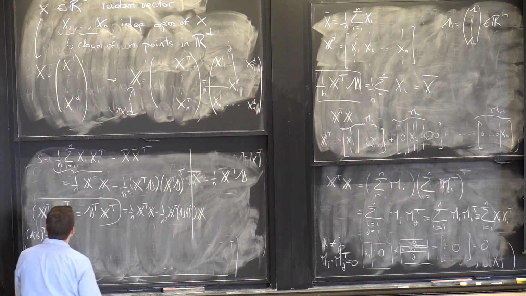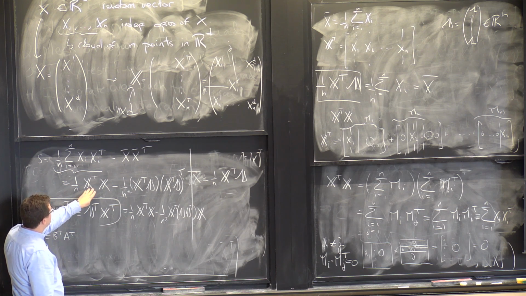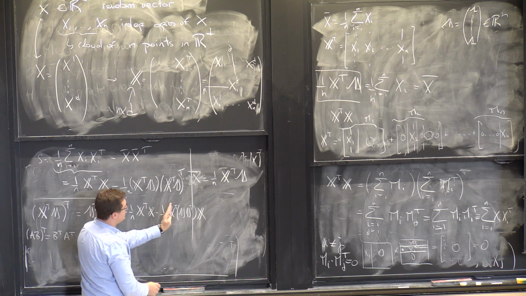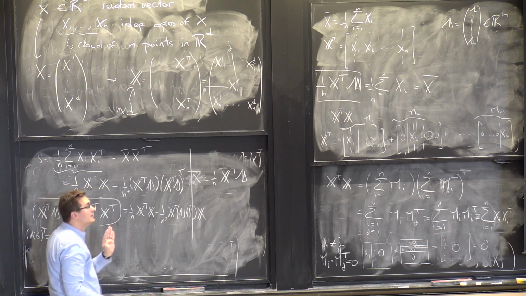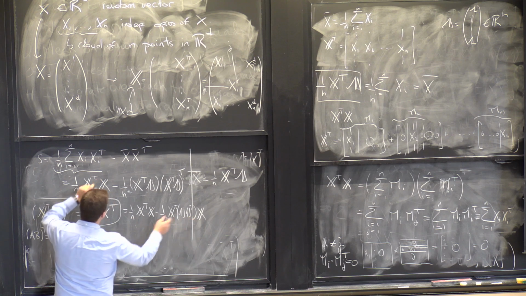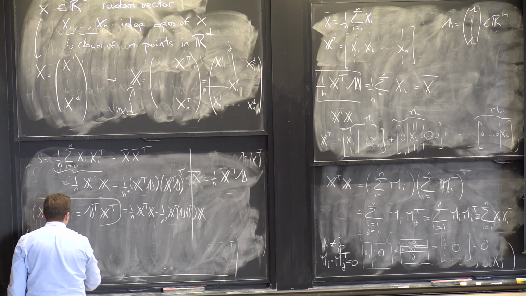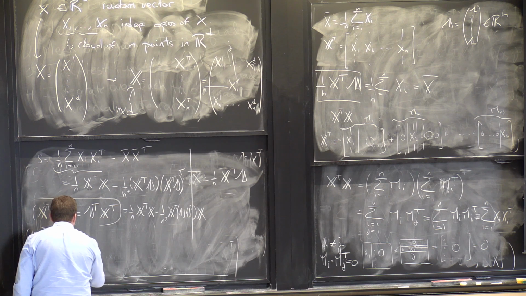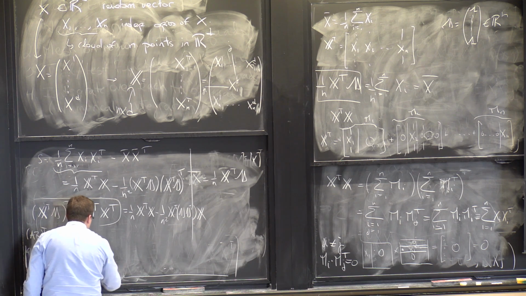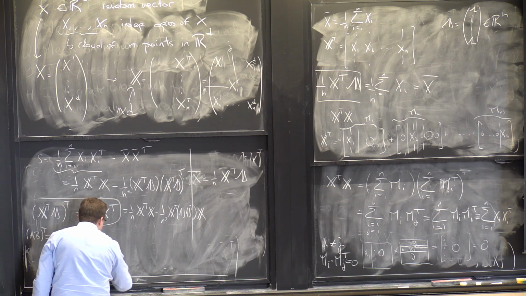So now I have something of the form x transpose to the left, x to the right, in both terms. So I can factor out whatever's in there. So I can write S as 1 over n, x transpose times 1 over n times the identity of size d.